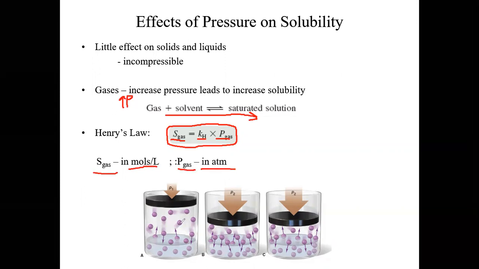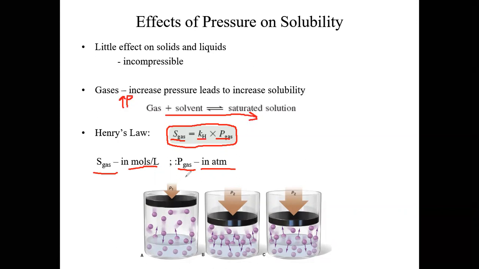Now, as you see, as we push down and apply more pressure, we force more molecules of gas into the solution. This also explains why when you open a carbonated beverage, it goes flat over time, because you're reducing the pressure inside the bottle.